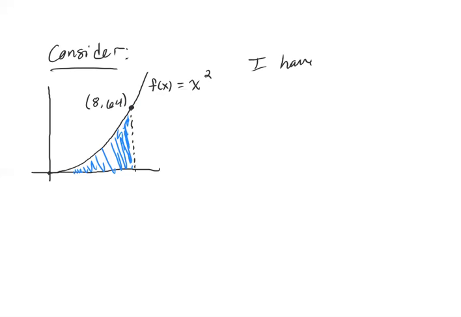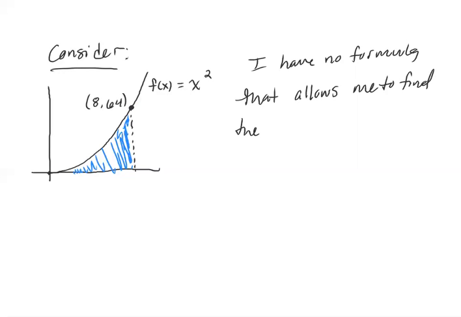I have no formula that allows me to find the area of the shaded region, which I am going to call S. And that is the focus of this section: I want to figure out how I could find the area of that region for which I do not have a set formula, for which the sides that enclose that region are not straight lines.